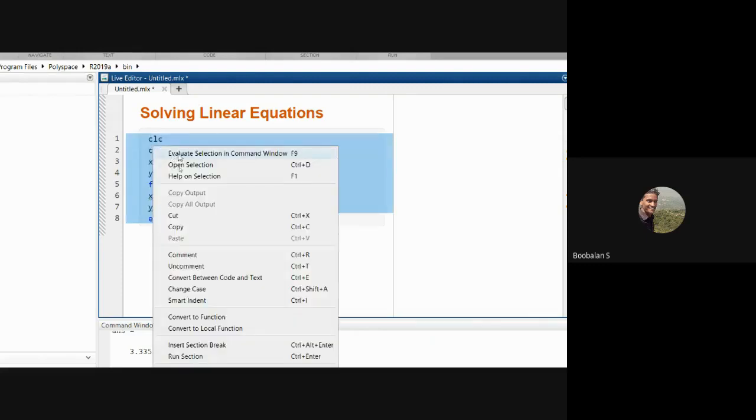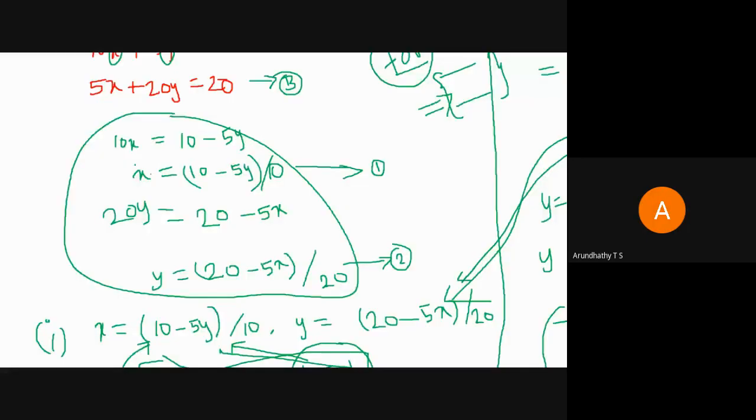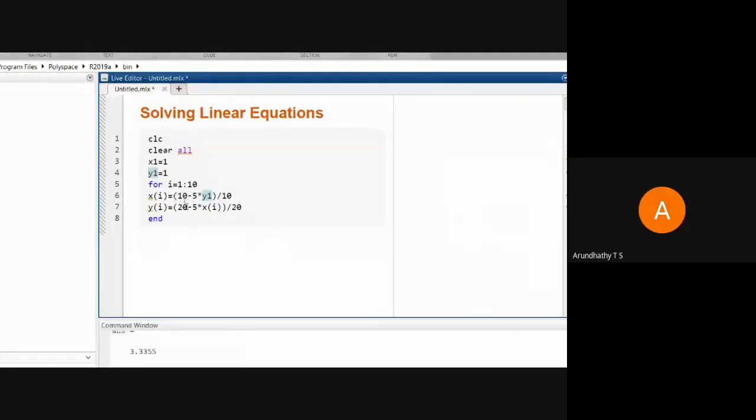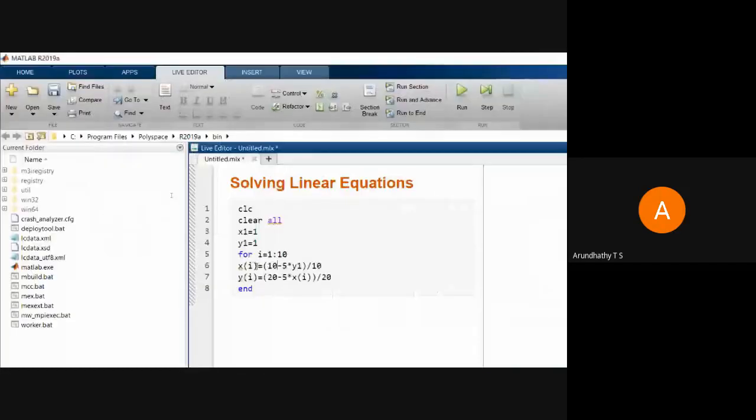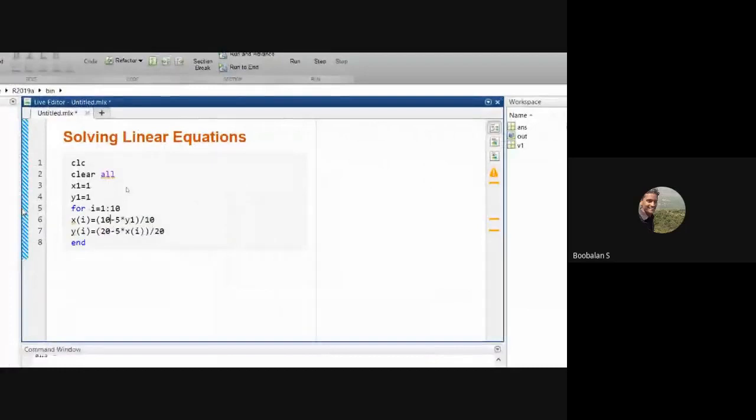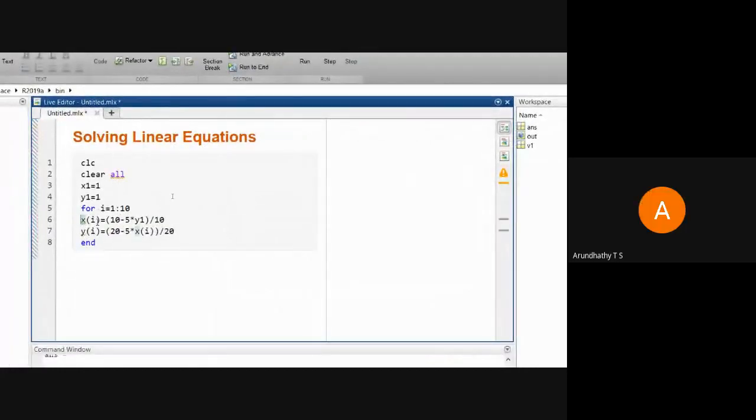Yes, sir, shouldn't it be in that x1 equation, 10 minus 5 into y of I minus 1? Only the previous value, no sir. Where actually? Here, in x of I equal to 10, 10 minus 5 into y of I minus 1.